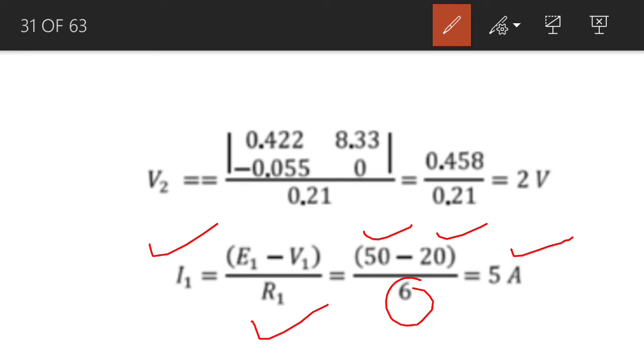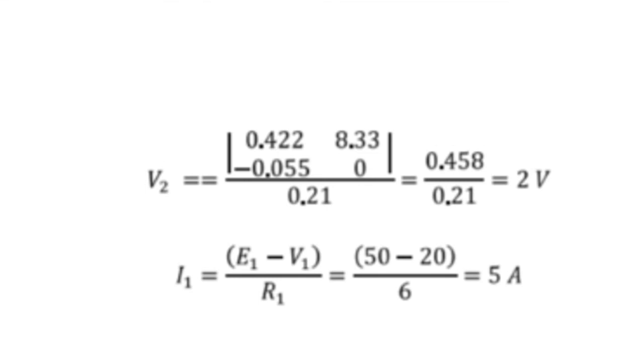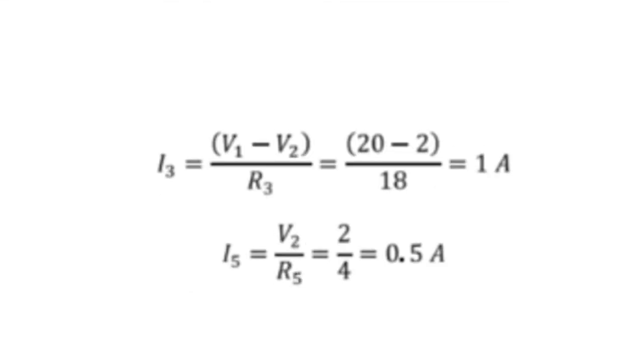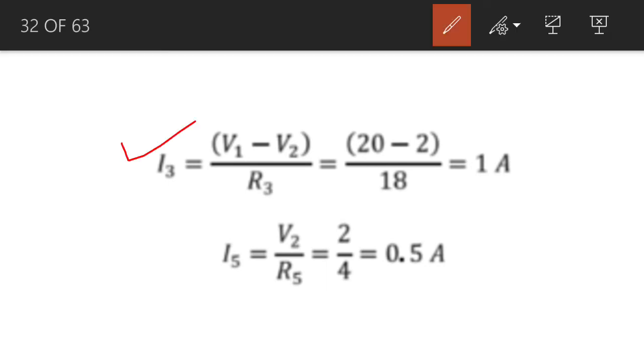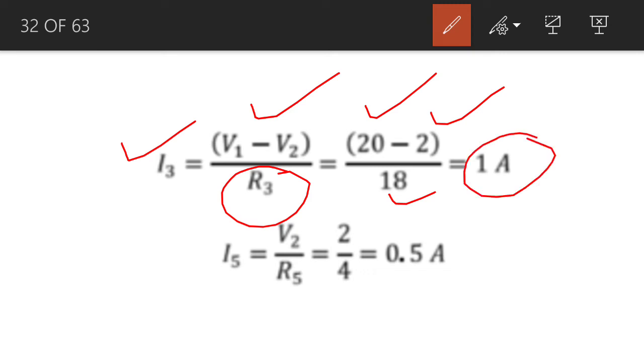I2 is not required, so let us calculate I3. I3 is the current in the resistor R3, equal to V1 minus V2 divided by R3. V1 is 20 volt, V2 is 2 volt, R3 is 18. So there is a current of 1 ampere in this resistor of 18 ohm.